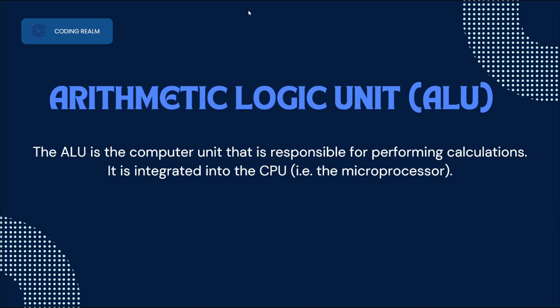For example, a calculator is capable of performing arithmetic and logical operations. The ALU is like a calculator for a computer, as it can carry out the necessary arithmetic and logical operations to execute a program. It's important for the computer.